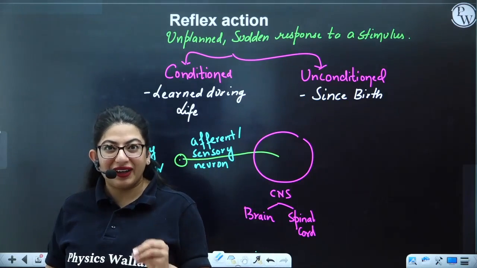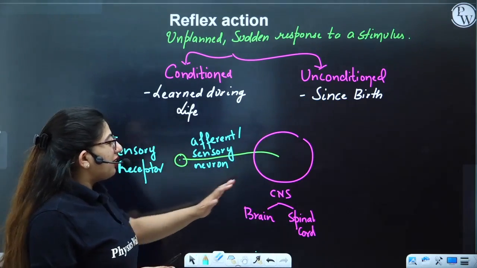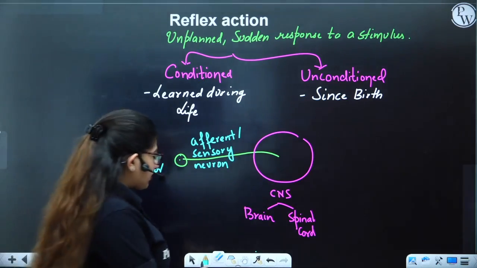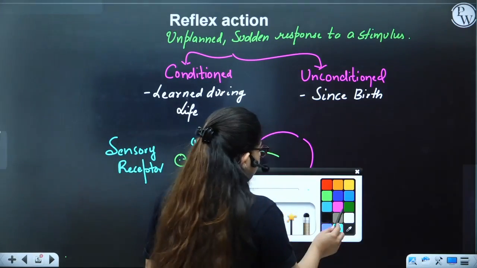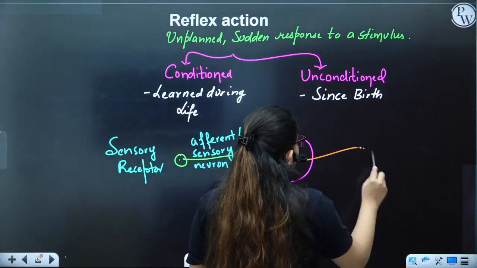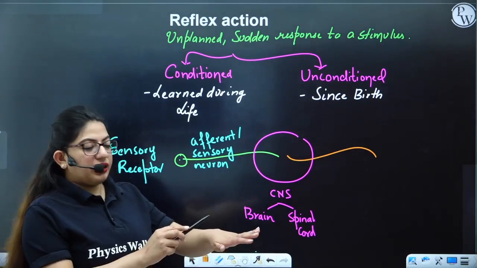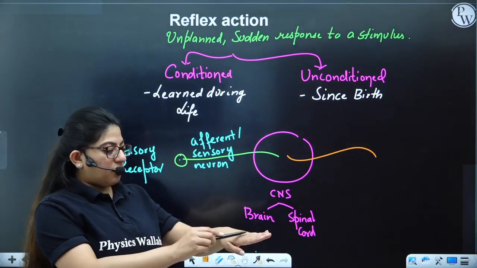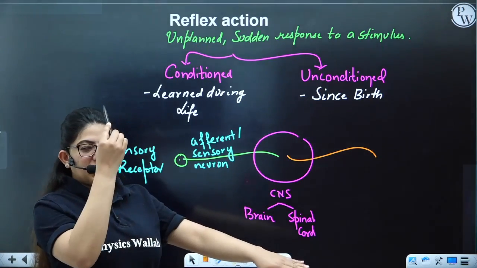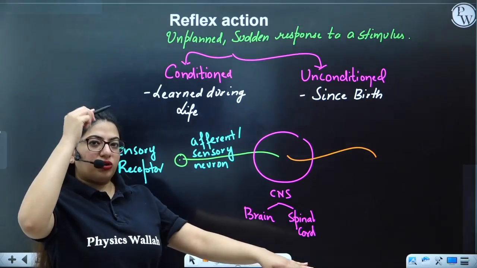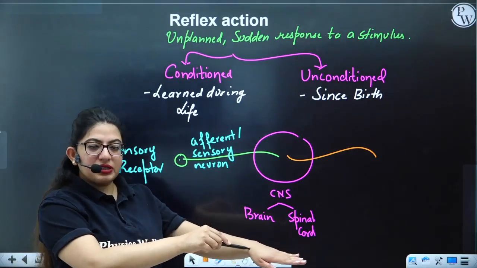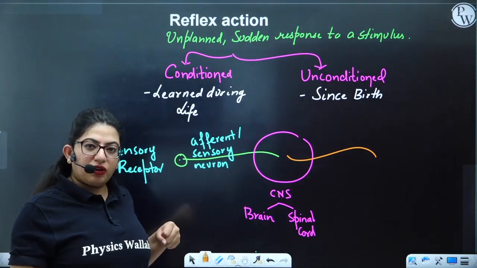Okay? So here, the impulse from the central nervous system is now going to your effector organ. As I've told you, you have touched the hot plate. Now the sensory neuron will send information to the CNS. The CNS, through a motor neuron, will send information to your arm muscles, and the muscle will take your hand away.